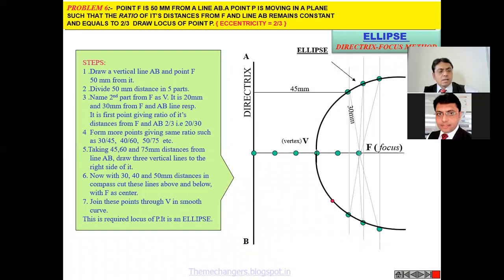So this is the part on the ellipse using different methods. The ellipse is constructed with the help of 4 methods: the arc of circle method, concentric circle method, rectangle method, oblong method, and the directrix focus method or general method.